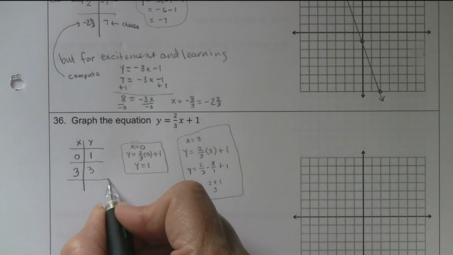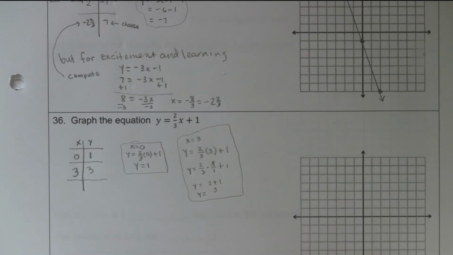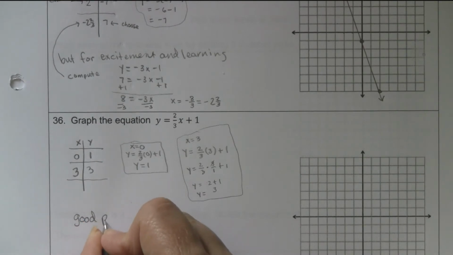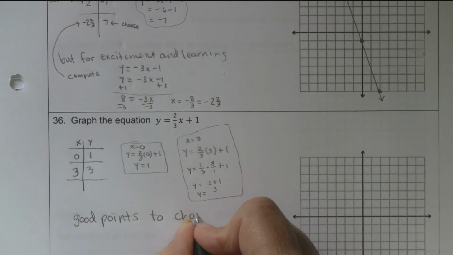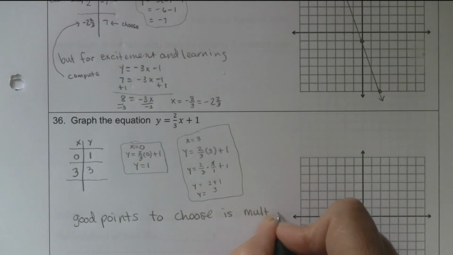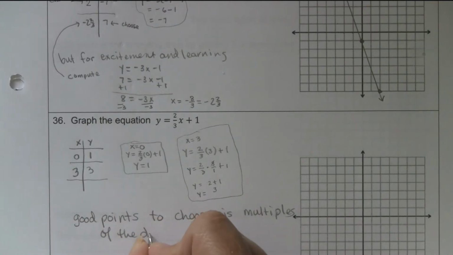So now we have 2 points. Another good point to choose would be -3 would clear the fraction, and also 6 will clear the fraction because 3 goes into 6 2 times. So good points to choose when you have a fraction is multiples of the denominator.